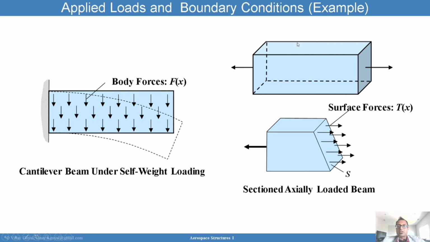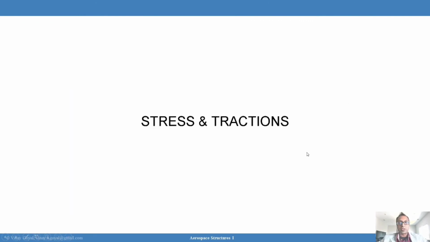If I look at the internal forces, they're getting reacted by internal loads. So I have sectioned this beam to look inside and see what's going on, and you're going to have these loads that are basically balancing the external loads applied. But let's see how we can relate those external forces to internal forces in the body.